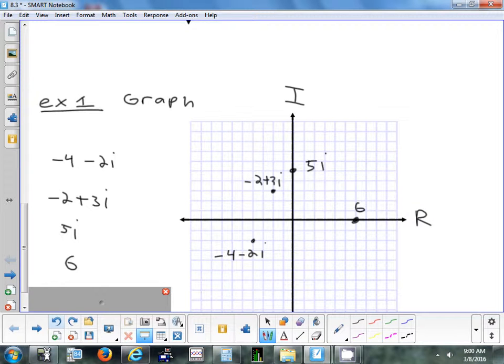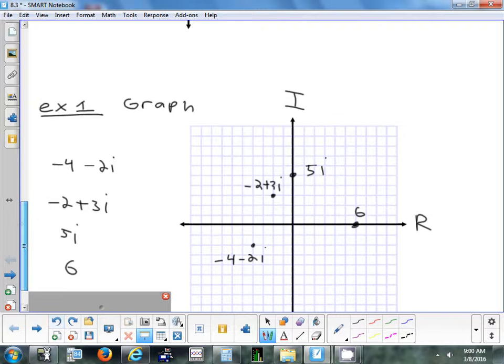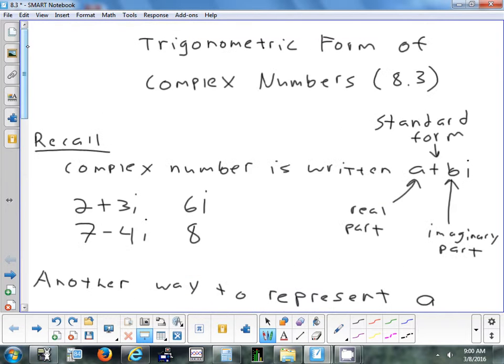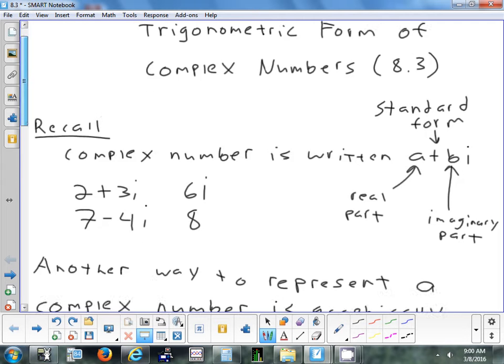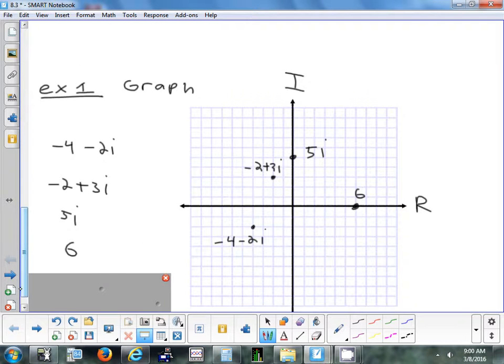Okay, any question on graphing complex numbers in the complex plane? Will this be on testing? You're going to have to know specifically what quadrant a point is in to do something. So that's why I showed you how to graph. For example, if I wanted to change this point, -2 plus 3i, into trig form, the first thing I have to know is what quadrant it's in.